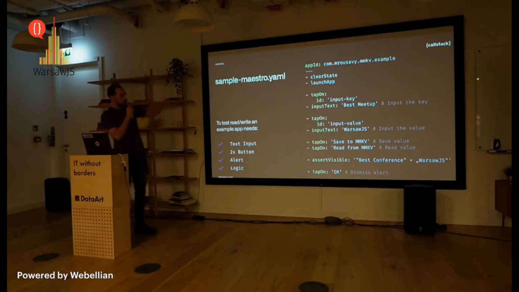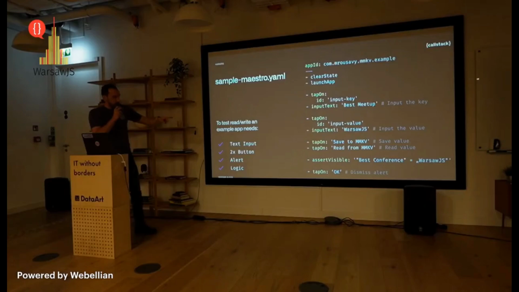You need to tap on something which will basically, under the hood, call the save method on the MMKV instance. Then you need to click the second button to read from the MMKV instance, and then you need to assert that something is visible so that our WarsawJS input was really written to MMKV and was really retrieved from MMKV. And this is all for a single function and a single case.